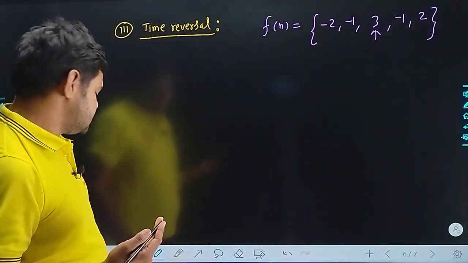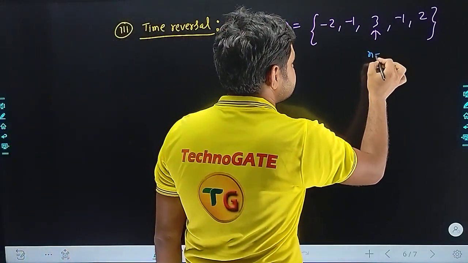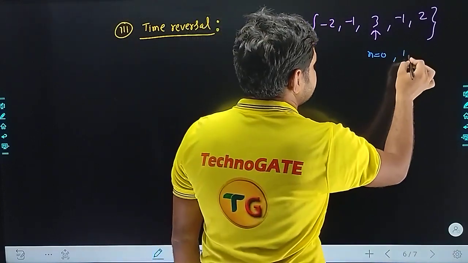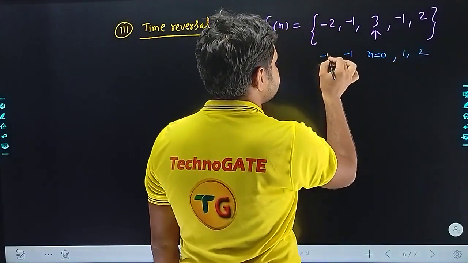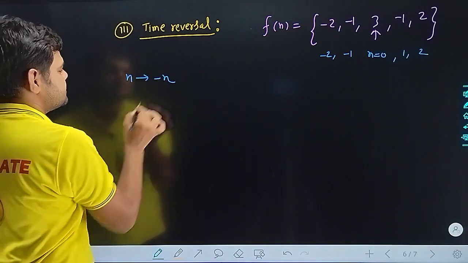As I have already discussed time reversal while analyzing the continuous time signal, the same philosophy is applicable here. What we will do is simply make this n into -n.